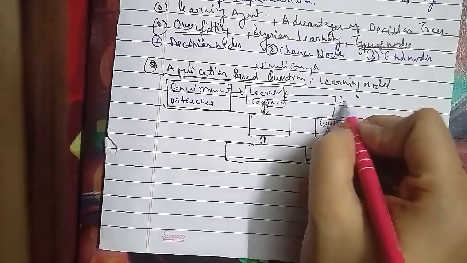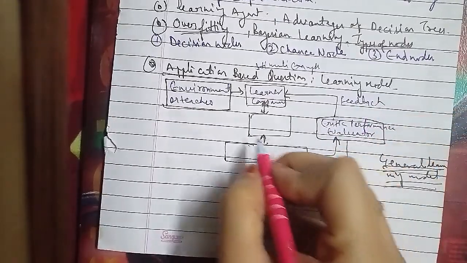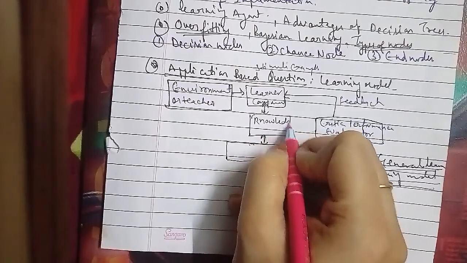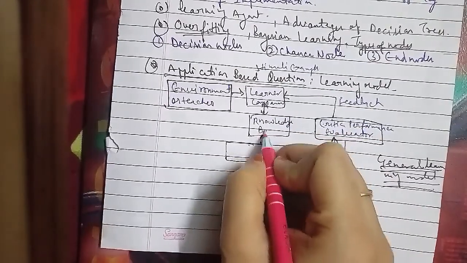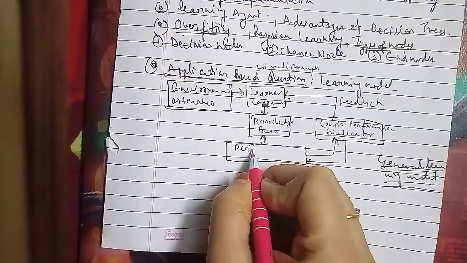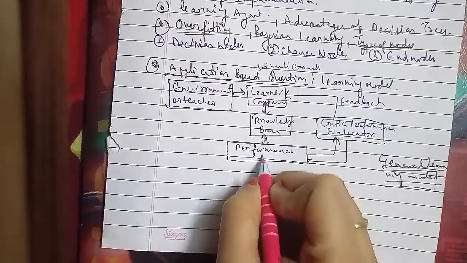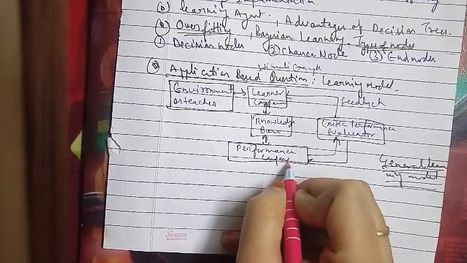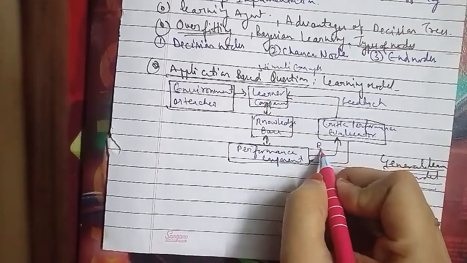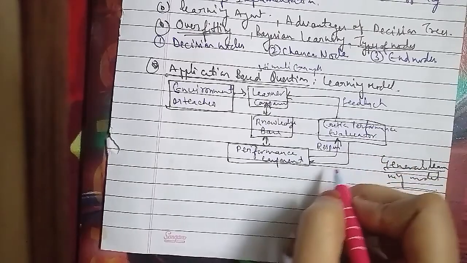And this is the knowledge base, and this is your performance component. From the performance component, it will go and respond to the critic performance evaluator, and from the critic performance evaluator, it will give a task to the performance component. Okay, so this is a general learning model.